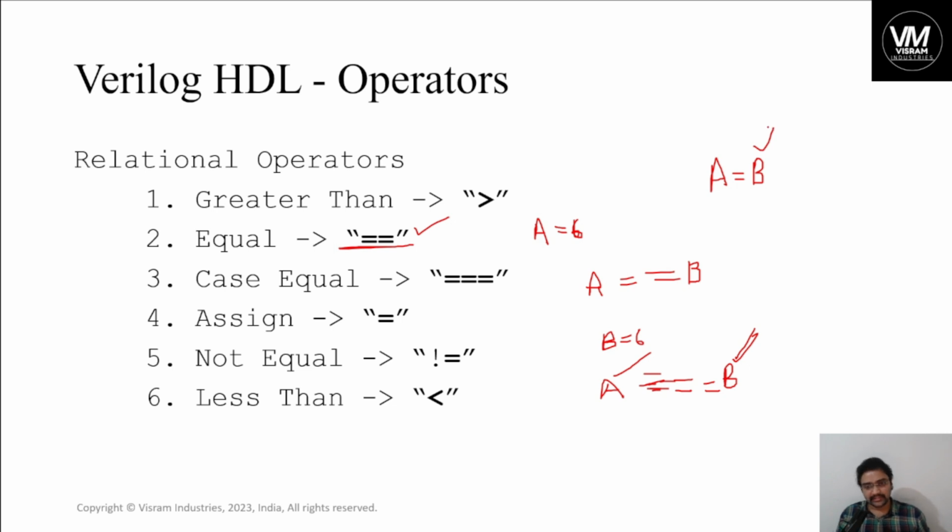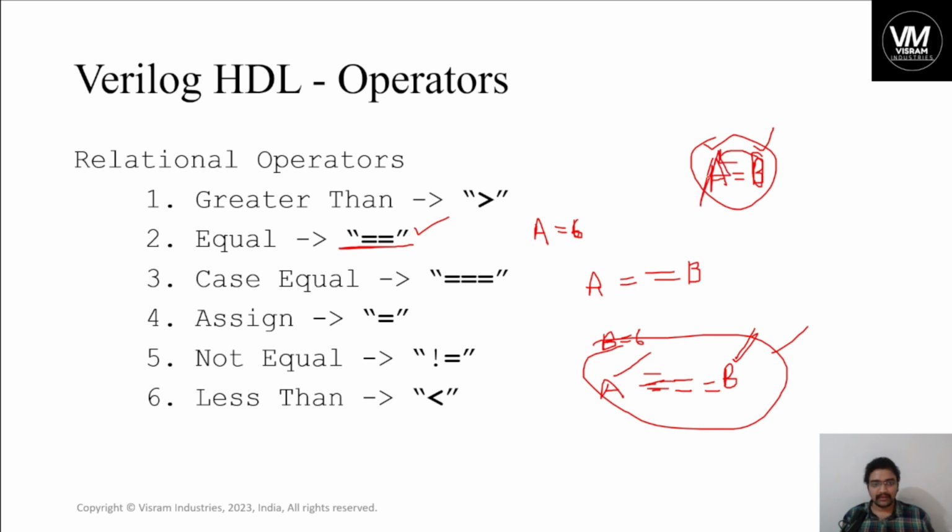This is used in special cases in the loops, but it is most commonly used, A assign B. So whatever elements are in B will be assigned to the left hand side element A.